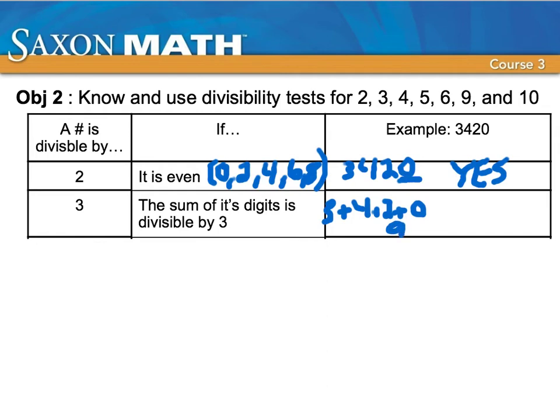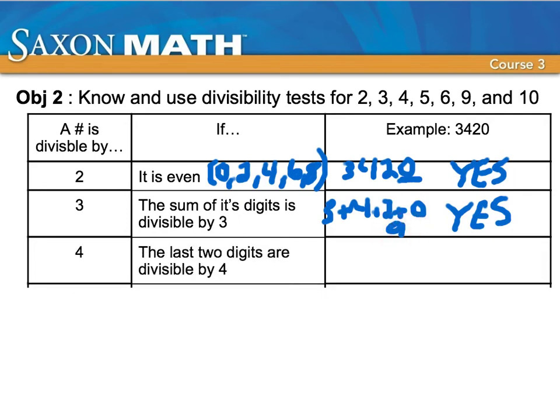So I got 9. Is 9 divisible by 3? Well, 9 divided by 3 is 3, so it's yes. Again, when we do that, we're adding up all these digits in the number, and then seeing if this is divisible by 3.